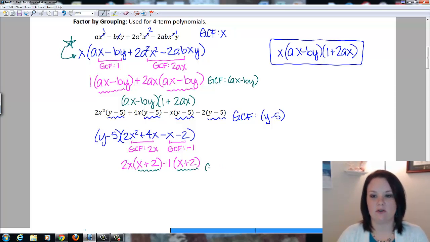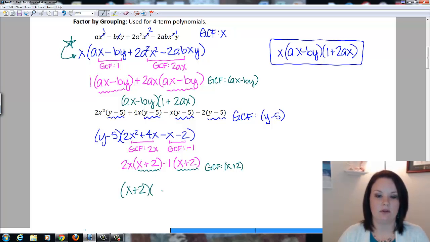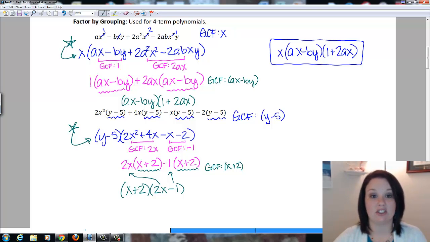And then again, to complete my grouping, now I see that they have this quantity in common, this x plus 2. So that's my greatest common factor. I want to take that out. If I take out x plus 2, that will leave me 2x from my first term and negative 1 from my second term. This is where these are coming from. And then I always have to remember, did I have a greatest common factor at the very beginning? Here, yes, I did. I had this greatest common factor that was actually a quantity.